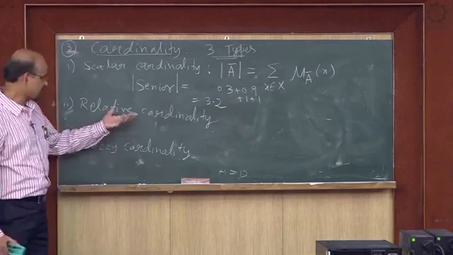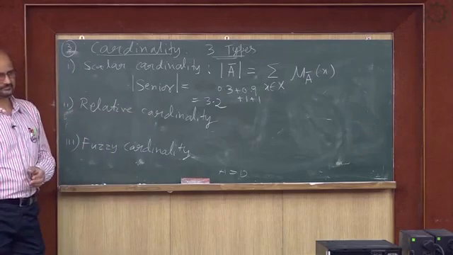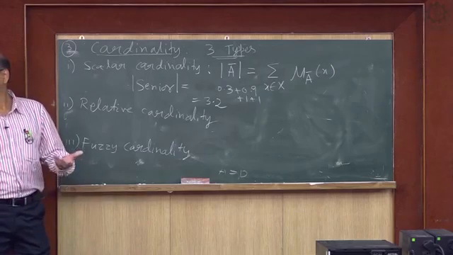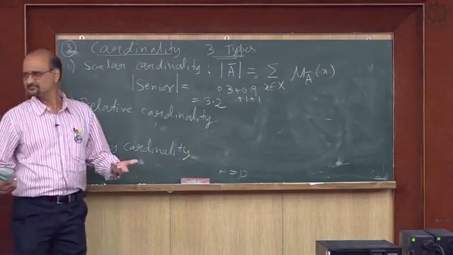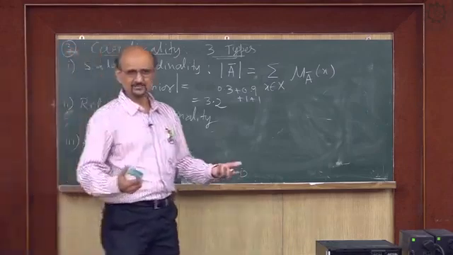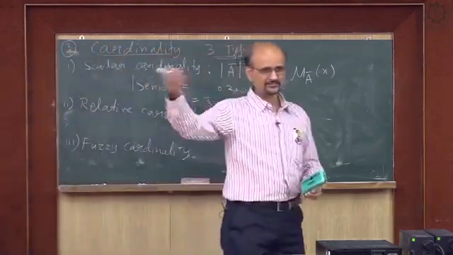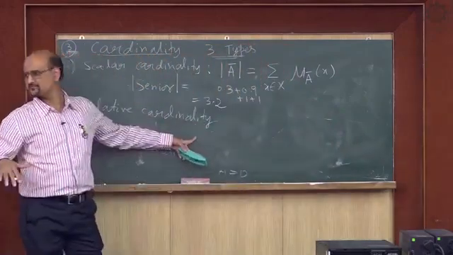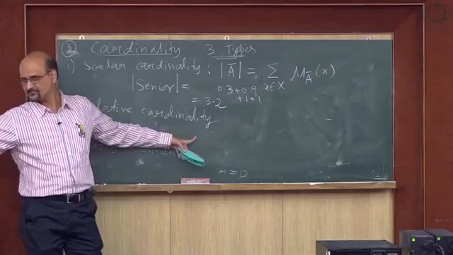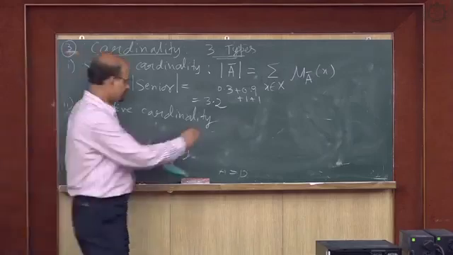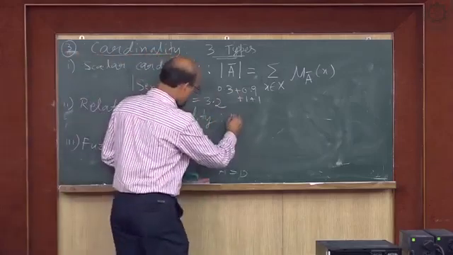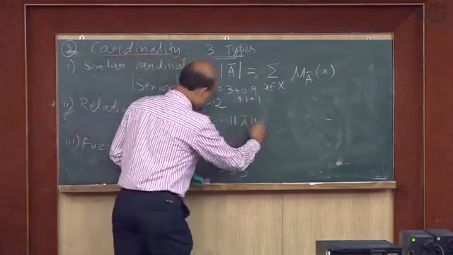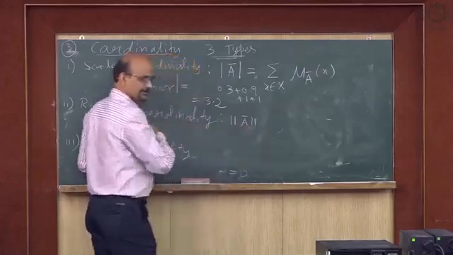Now, come to the relative cardinality. Relative, as we do for relative error. How do you find relative error? Relative error is true minus exact by true. So, like that there should be some division, relatively with respect to something. So, here I denote by this double line for relative.